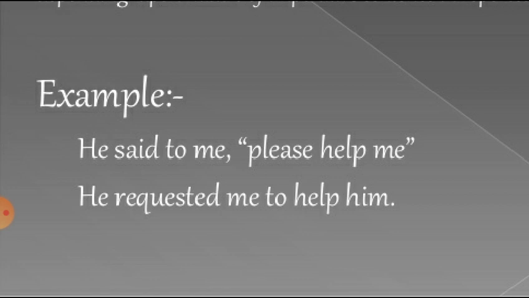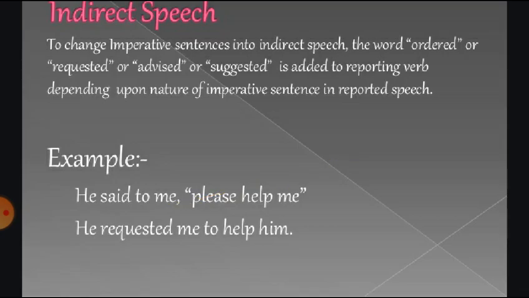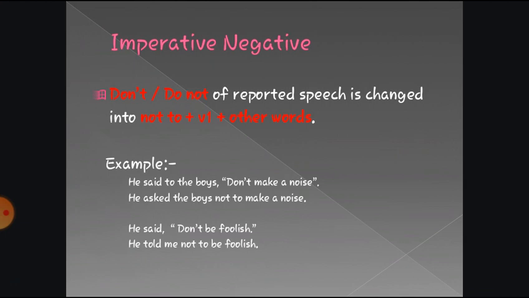So from this example you should learn that if imperative sentence talks about request, then said to can be changed into requested, and instead of comma and inverted comma you should use to. Then, as we have talked about change of person, change of tense and change of other parts of speech. So this is about imperative sentence, dear student.